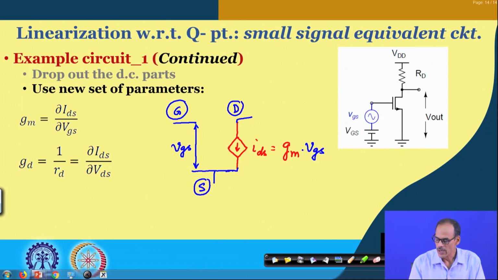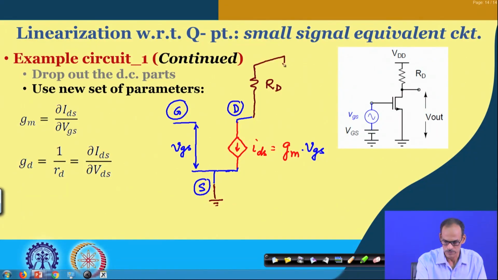Now, of course, if I add the rest of the things, namely the resistance RD, make the connection to AC ground, and also draw the input signal stimulus, then that gives us the small signal equivalent circuit.